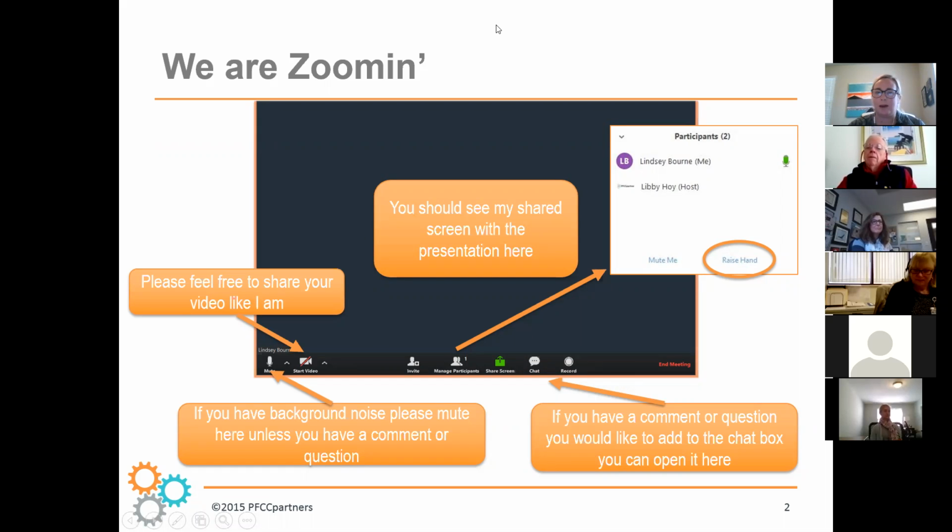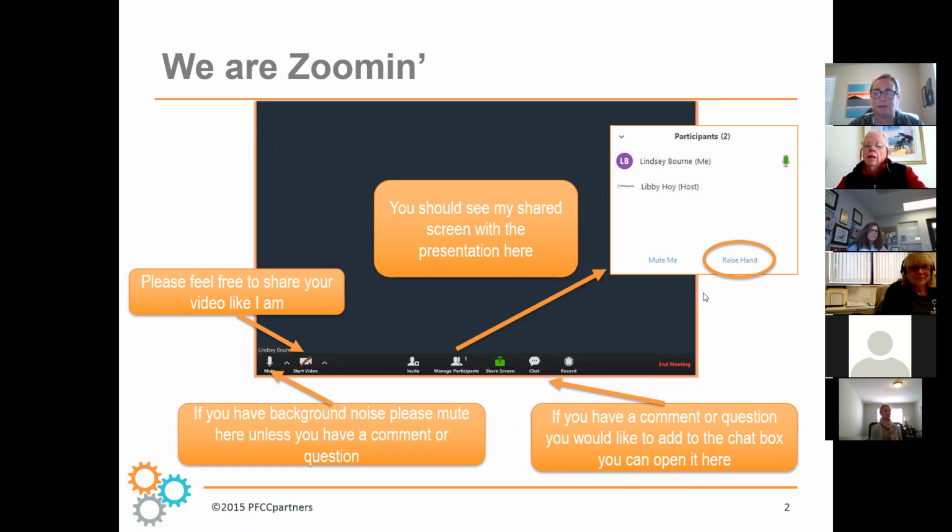And then if you have a comment throughout any of the discussion going on today, you can use the raise hand option. You can find that by clicking Manage Participants and then raise hand right at the bottom, and we'll be able to see if you would like to speak up at any time. It looks like a majority of you have found the chat box, so that is wonderful.